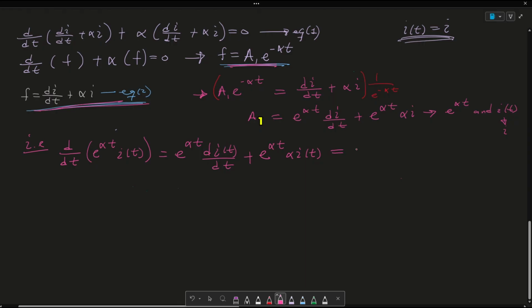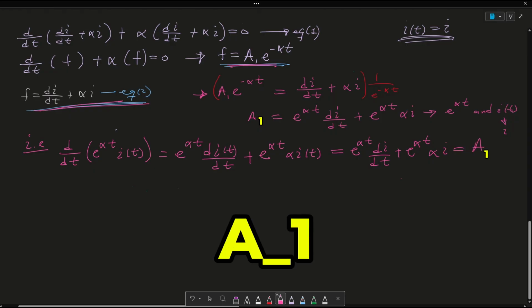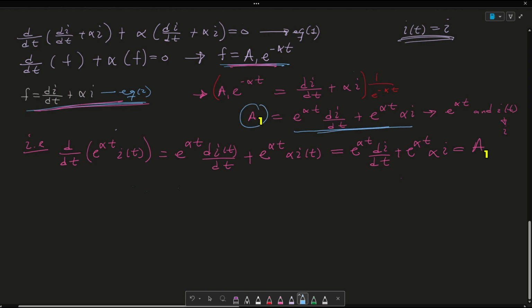And again, this is just e to the alpha t dI over dt plus e to the alpha t alpha I, which again is equated to a, this term here. All right, so a. With this example, I'm just showing that this term is in fact the product rule of e to the alpha t times I of t.